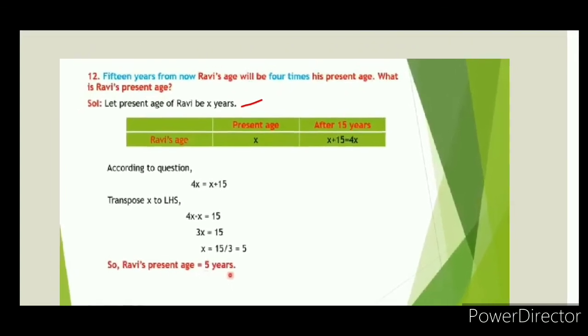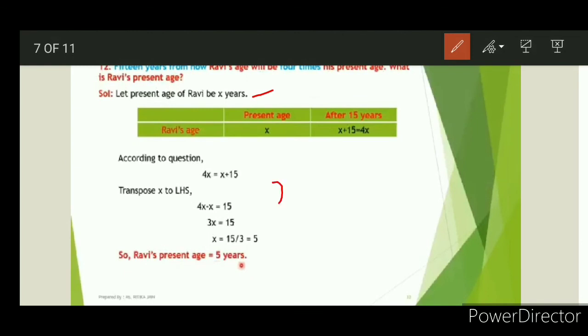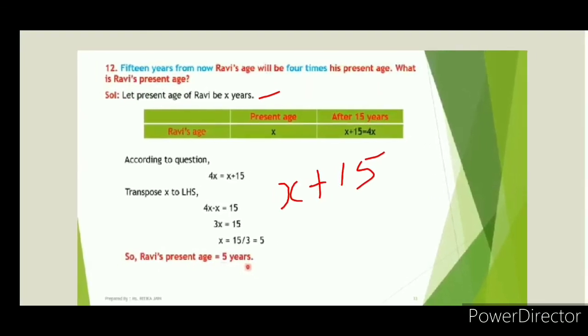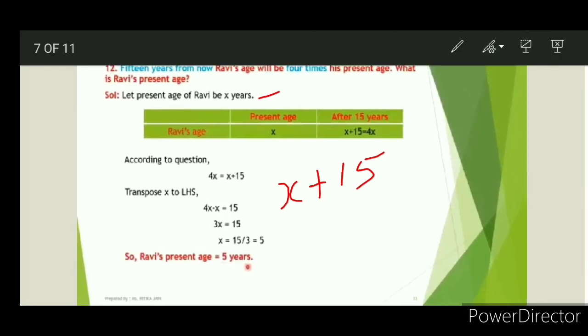Ravi's present age is x. After 15 years, what is his age? x plus 15. 15 years from now, Ravi's age will be 4 times his present age. After 15 years, his age will be 4 times his present age.